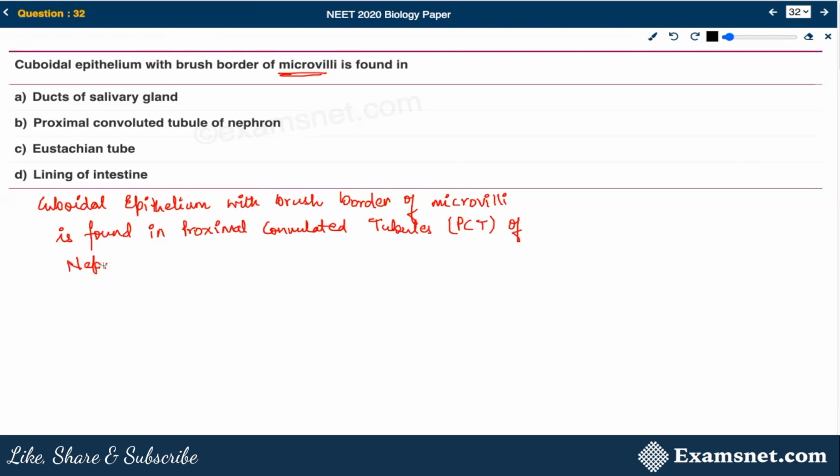So nephron is basically the functional unit of kidney. All right. So this will be the answer. So that means option B is the correct answer. Clear? Now, let's move on to the next question.